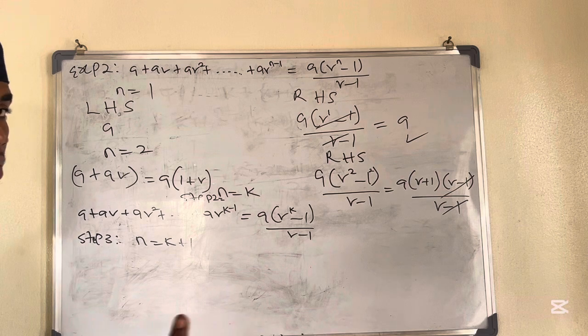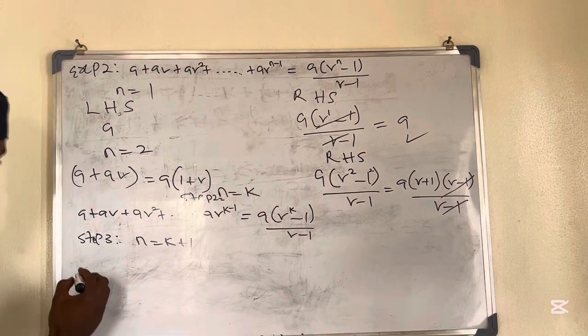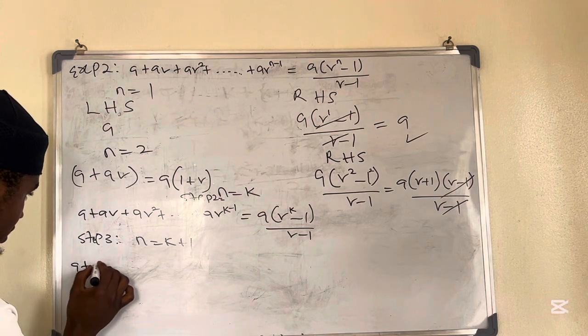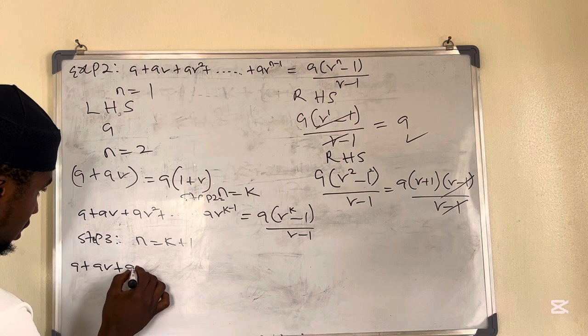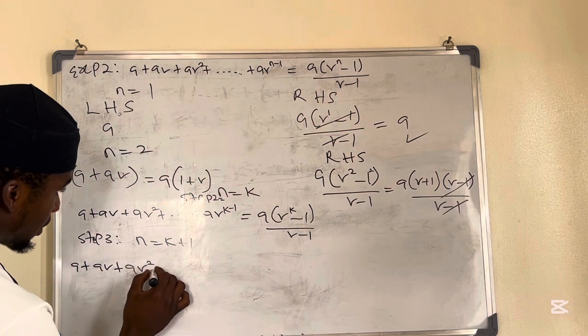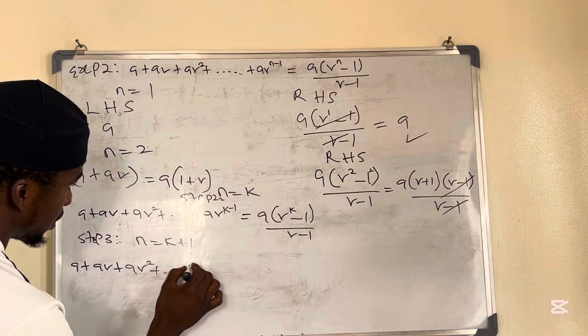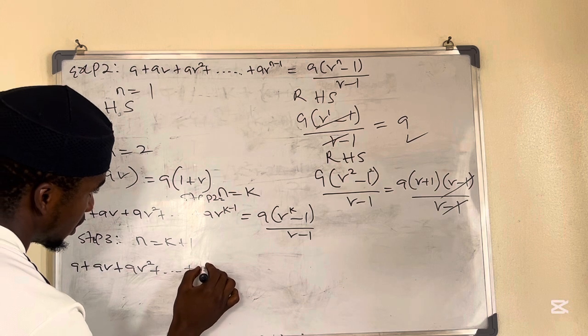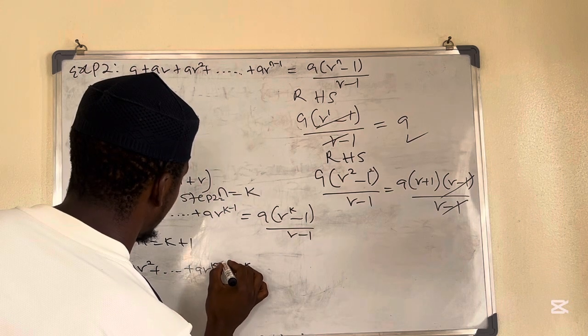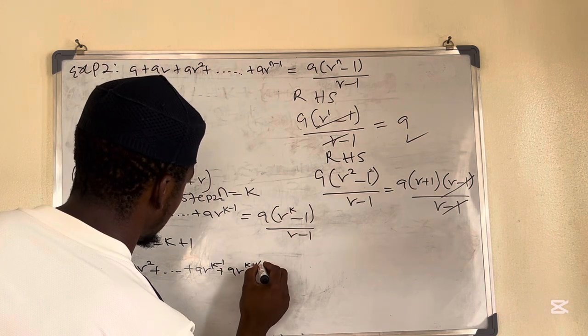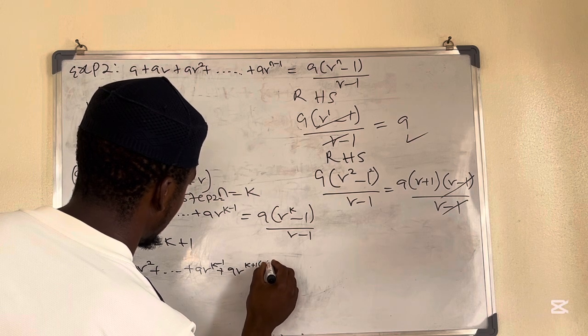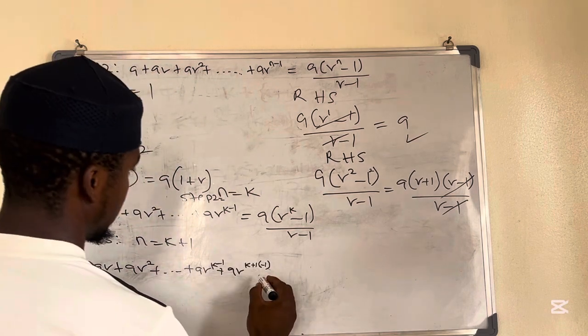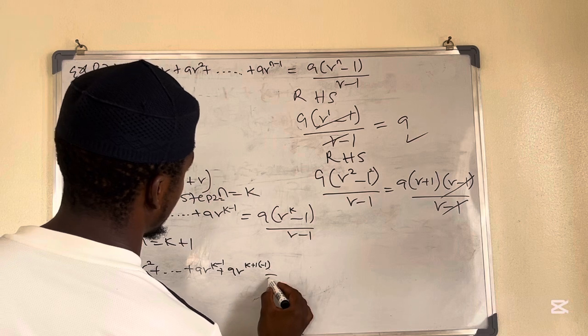So we have a plus ar plus ar squared plus dot dot dot plus a r raised to the power of k minus 1, and then our next term.